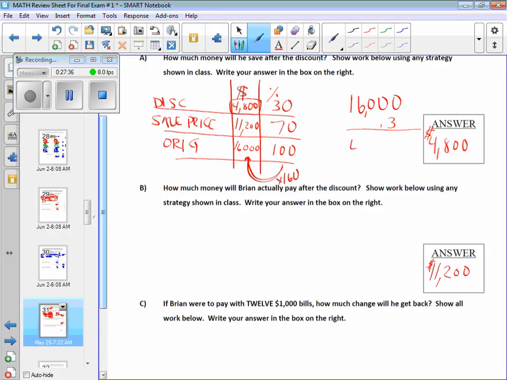And you get that. I haven't moved my decimal yet. And that will work also. And then from there, you just said, okay, I'm saving this amount. I've got to deduct that from the original. And you subtract it and got this. You get full credit either way.